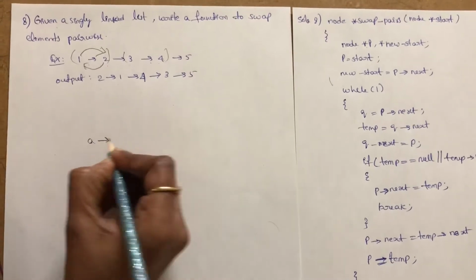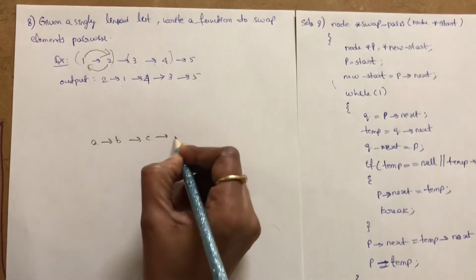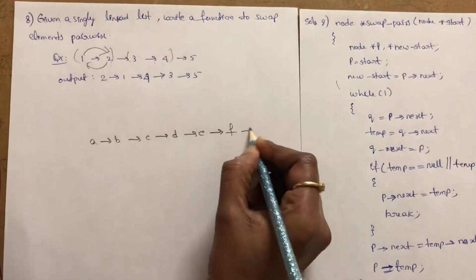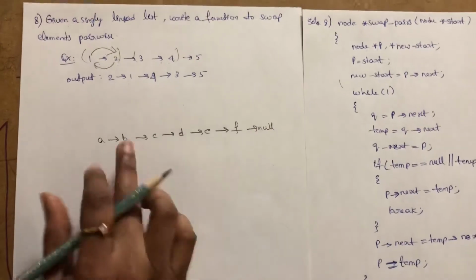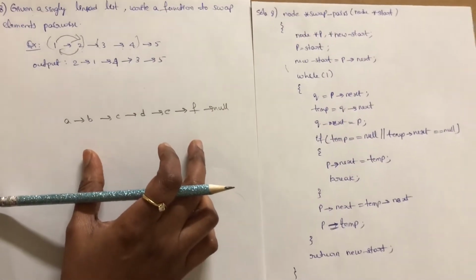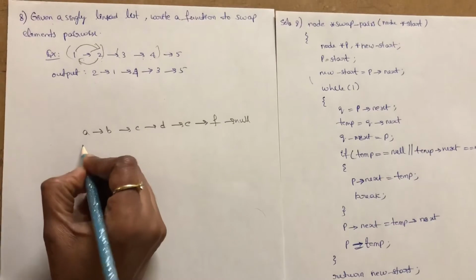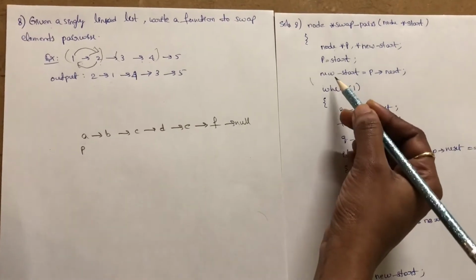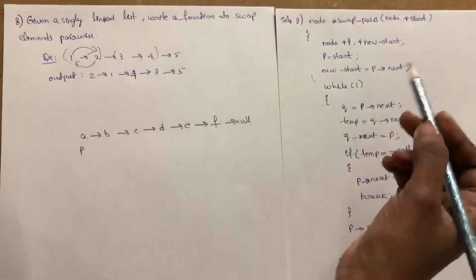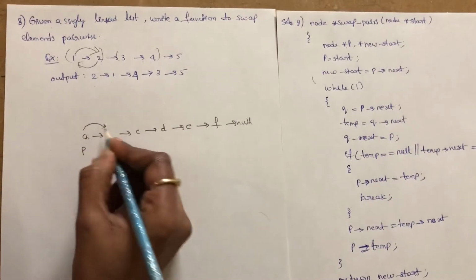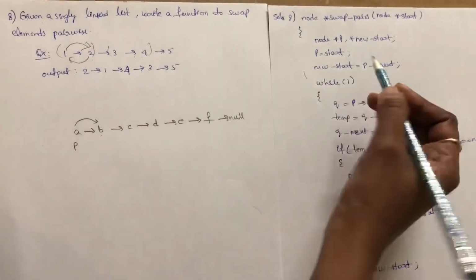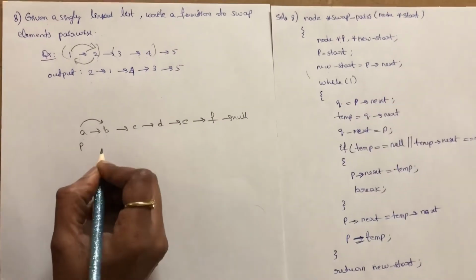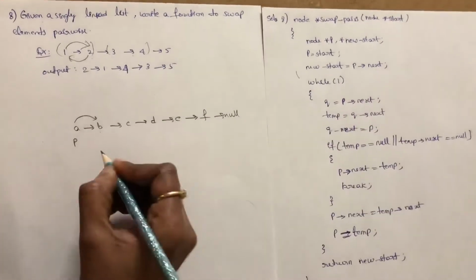For example, if it is a, b, c, d, e, f as the given singly linked list, we first point p at the starting node. For this solution, p's next, that means b, is the new start. We initialize new start as p next. Then it will enter into this loop.